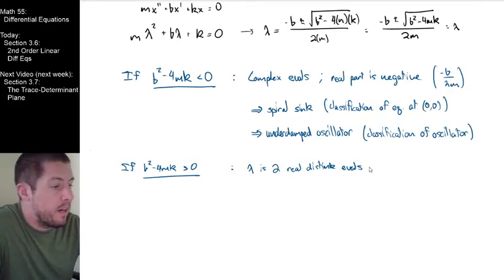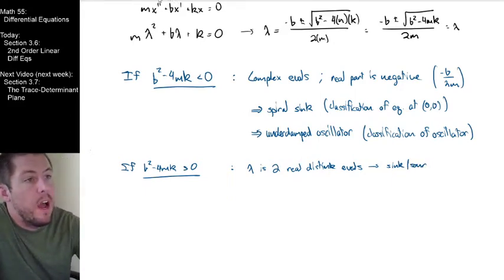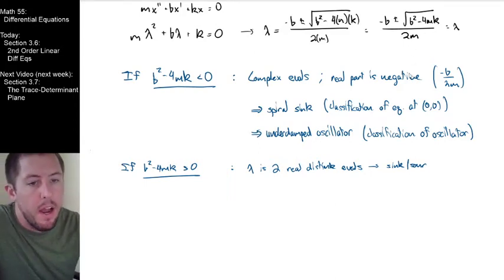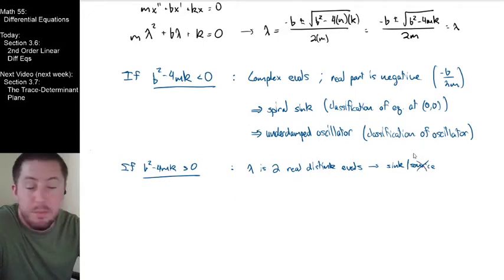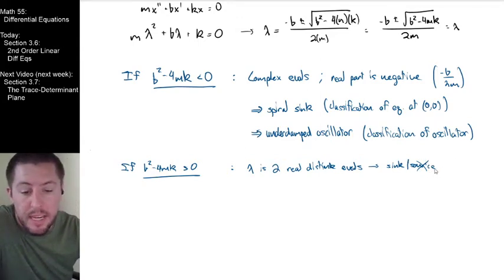In this case, we're going to get sink, source, or saddle. Okay, sorry. In this case, you guys are going to do a little bit of this math, but the fact is, I don't think that we're going to be able to get a source here based on some sign issues. We're not going to get the positives and negatives to match up to ever give us a source in this case. So what I think is going to happen is we're just going to sink towards the origin.